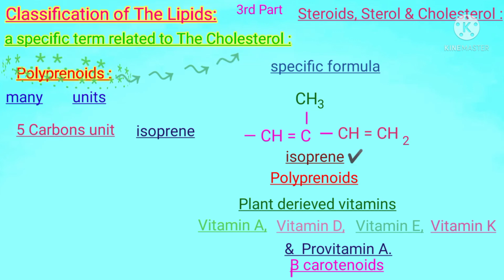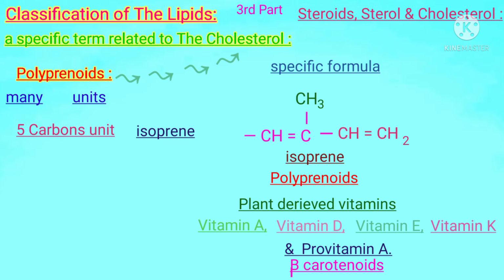That's why polyprenoids are related to cholesterol and steroids. But students, remember that these are not steroids, these are not cholesterol, but only related to the cholesterol steroid. This is the reason that we study polyprenoids with steroids.